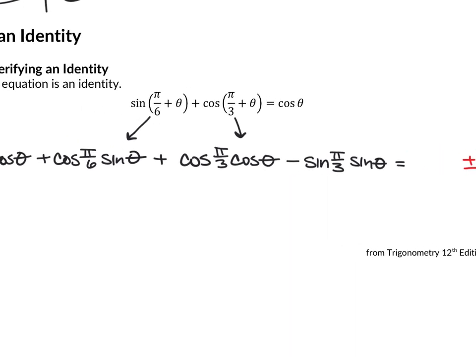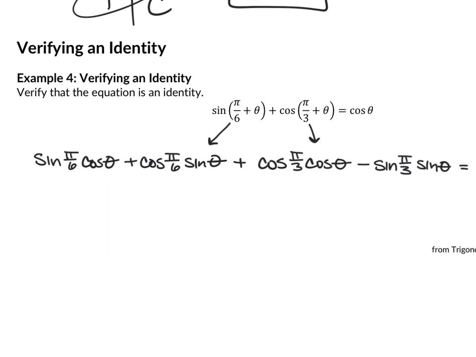All right, let's use that unit circle. We're using a unit circle because I see I have sine and cosine values for actual angles here. Let's find out what they are. What is the sine of pi over 6? 1 over 2. What is the cosine of pi over 6?